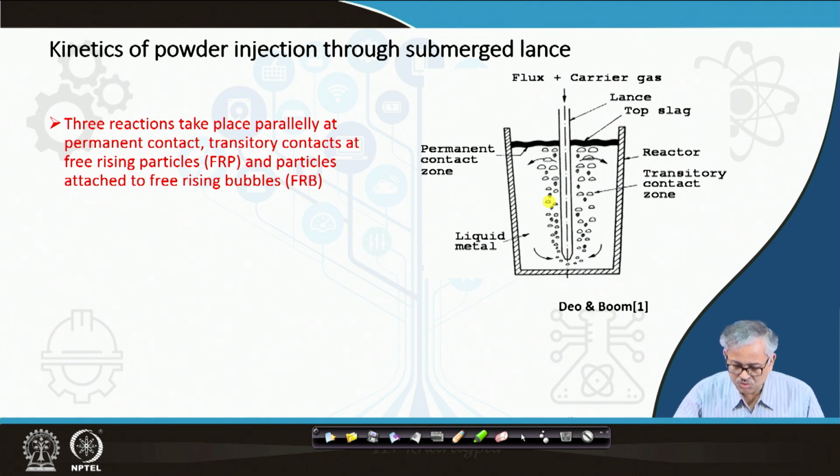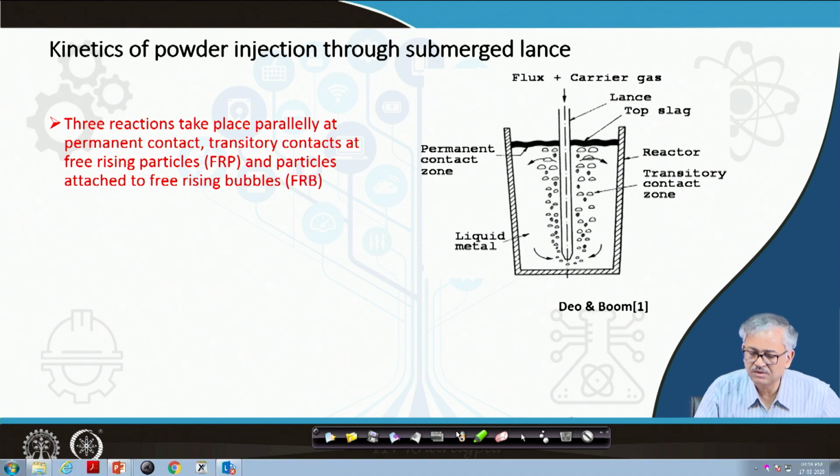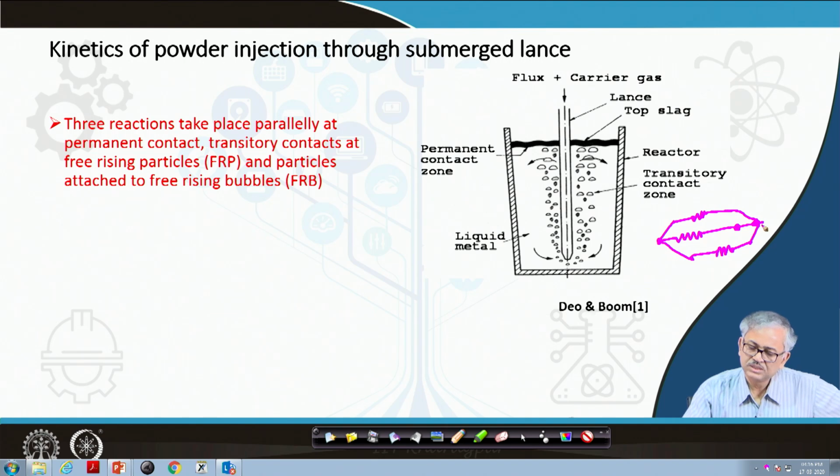So, if I just show with the help of an electrical analogy, it will look like this. This is one resistance, and then this is another. So, these 2 resistors are there, and suppose from the metal concentration there is one rate, say I1, this is your I2, and this is your I3.